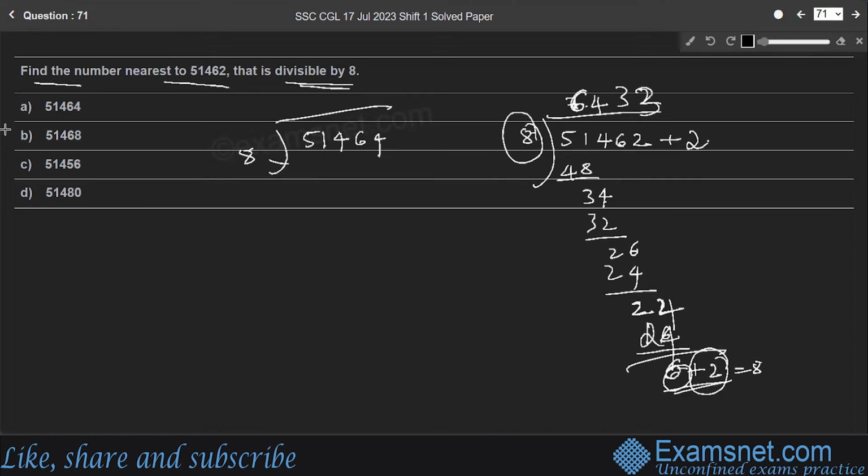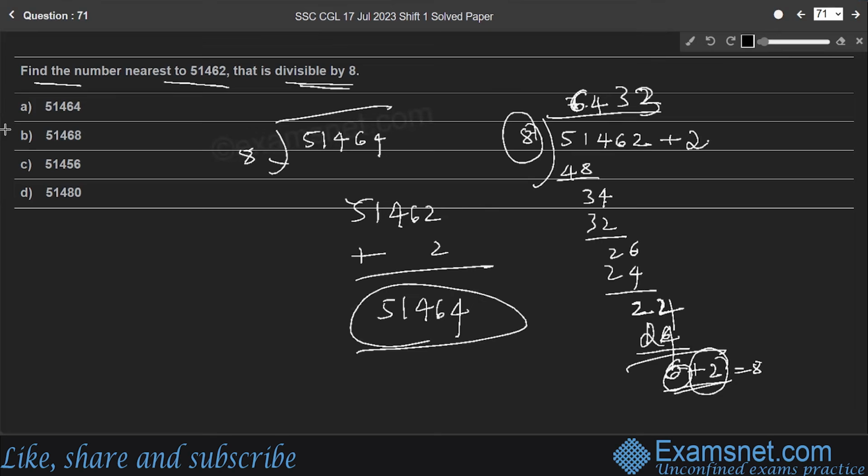Therefore, the 2 should be added to the given number. 51,462 plus 2 becomes 51,464, so that it is easily divisible by 8. So the nearest number to the given number is 51,464. Look at the options. So 51,464, option A.